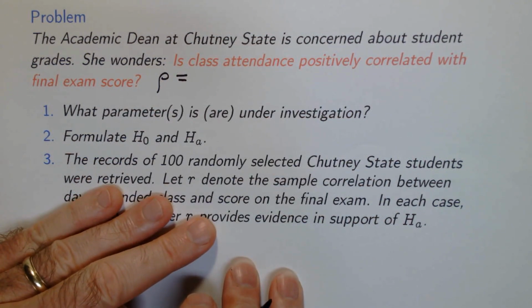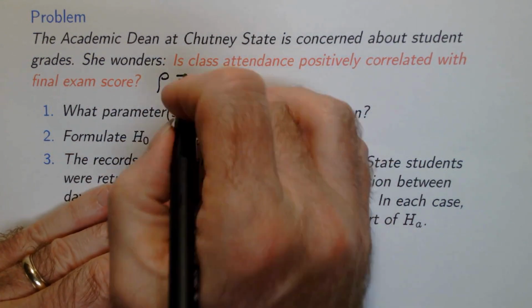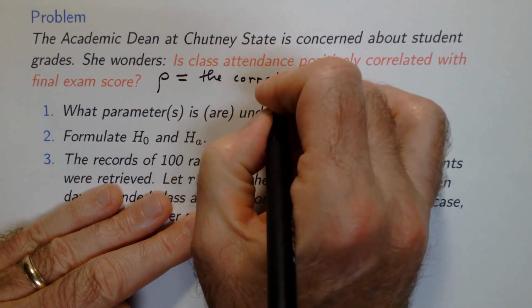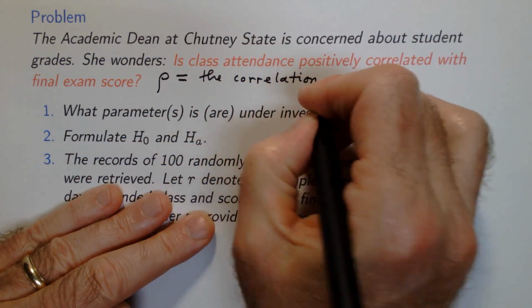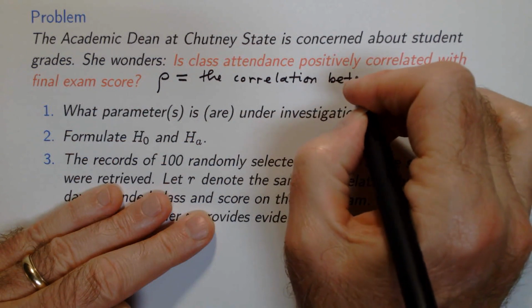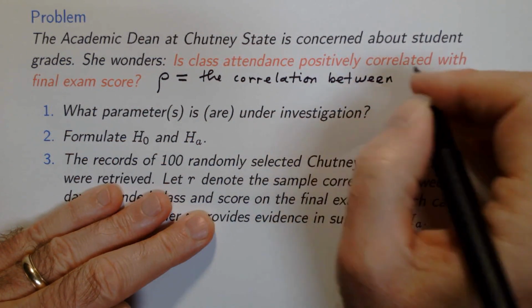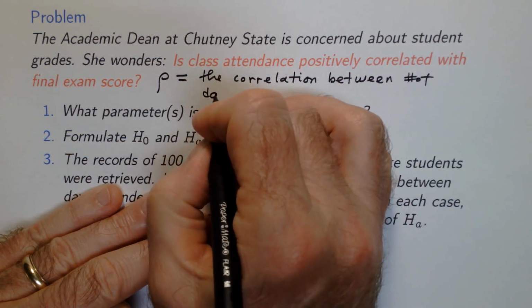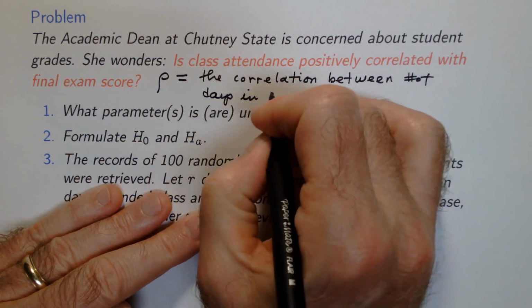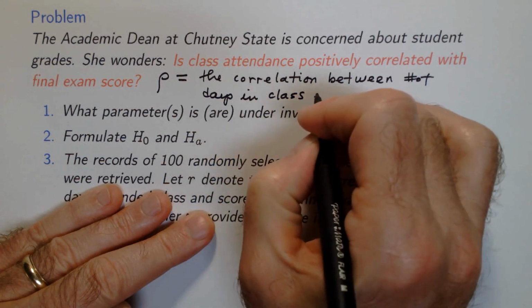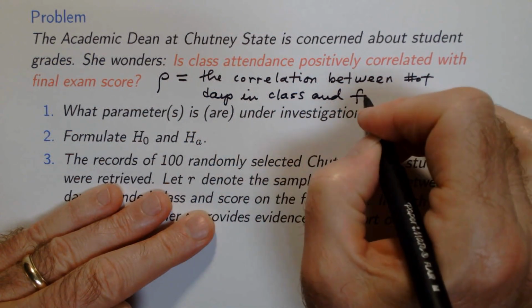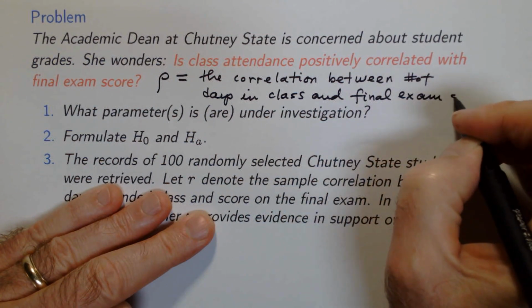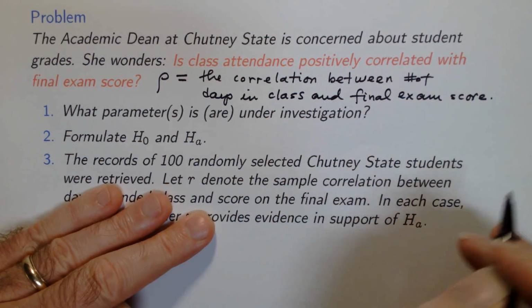And how would we articulate this parameter? So rho is the correlation, let's say, between the number of days in class and final exam score.